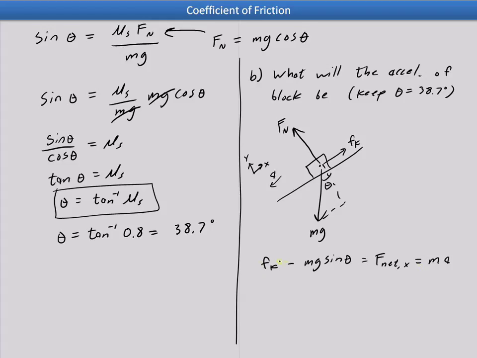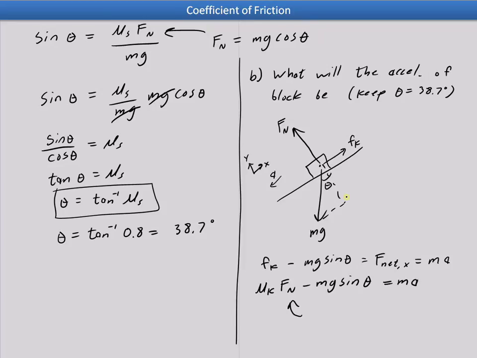So we'll do a quick substitution here. The kinetic friction force is equal to the coefficient of kinetic friction times the normal force. Subtract from that mg sine theta, and that's equal to ma. Okay, well, what is the normal force? We figured this out earlier. It's right up here.